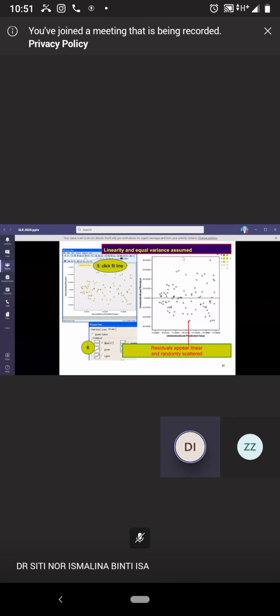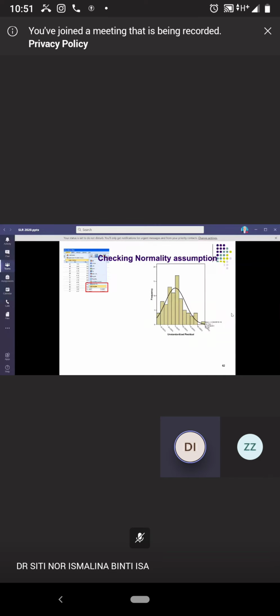For the linearity and equal variance assumptions, you can check the scatter plot of unstandardized predicted value versus unstandardized residuals. And for the normality assumption, you can check the histogram of residuals. You create the histogram, and the variable is the unstandardized residual.